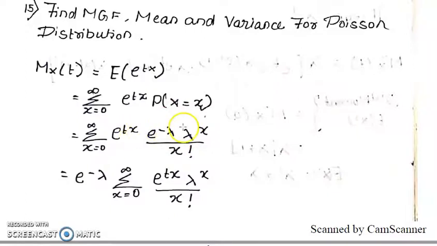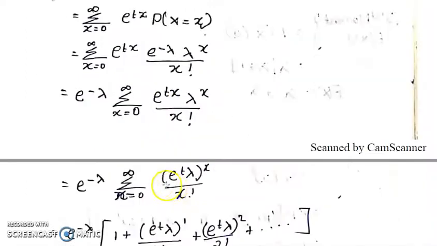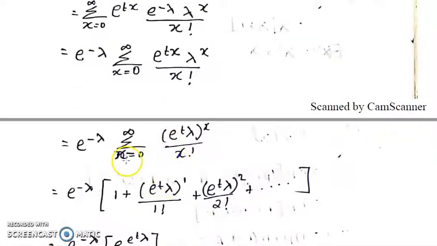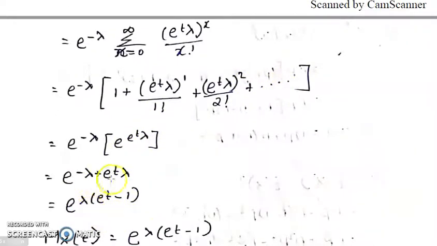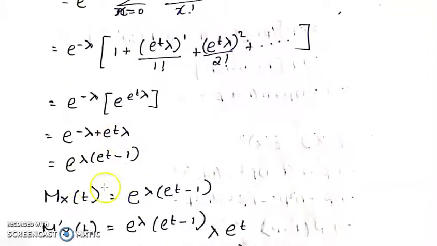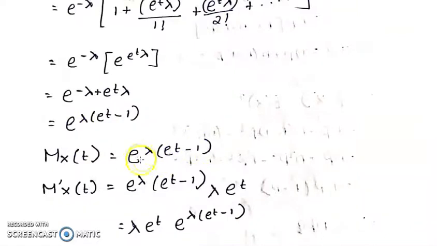Now, grouping the x terms here, we get it like this. Applying summation x running from 0 to infinity, we get a lengthy series, which is nothing but the exponential series. Applying the exponential formula, we get e power minus lambda plus e power t lambda, that is, e power lambda (e power t minus 1). This is the moment generating function.